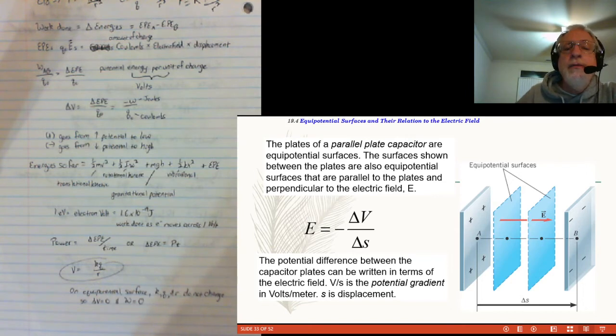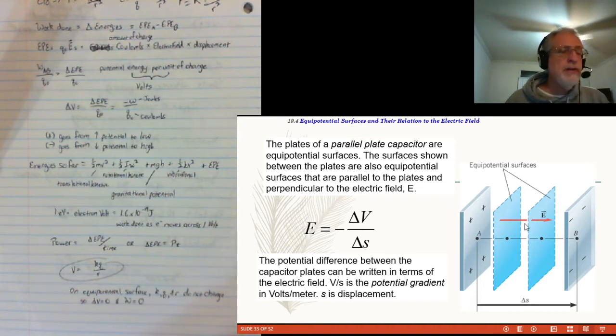And therefore, within a capacitor, the electric field ends up being equal to the change in voltage as you go a certain distance. So the change in voltage divided by the change in distance will tell you what the electric field strength is.